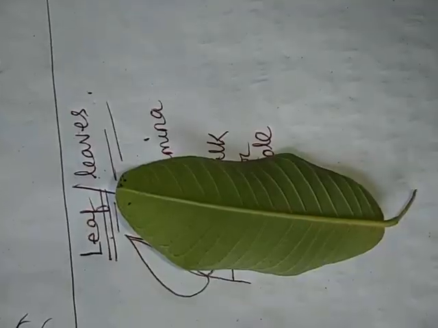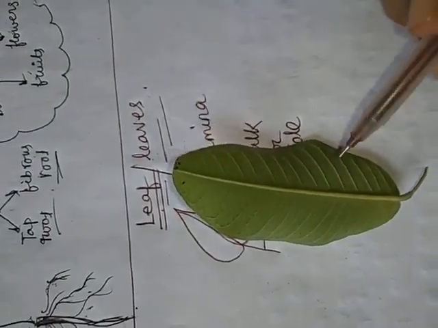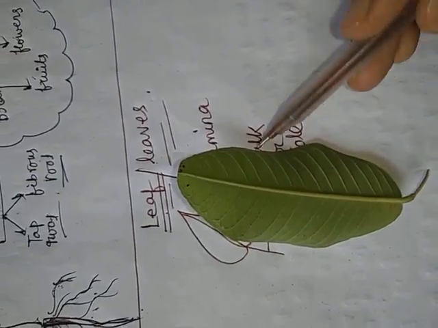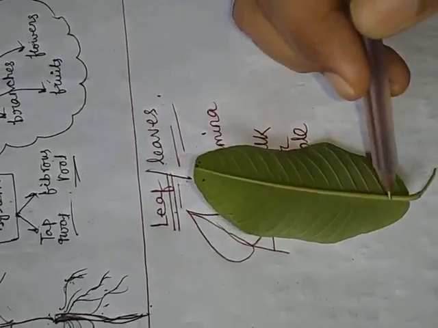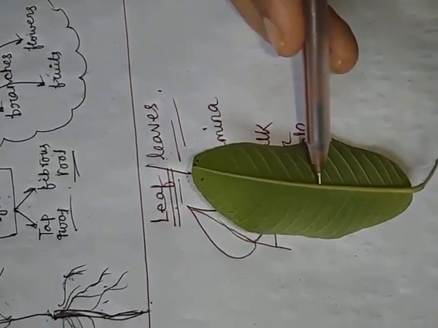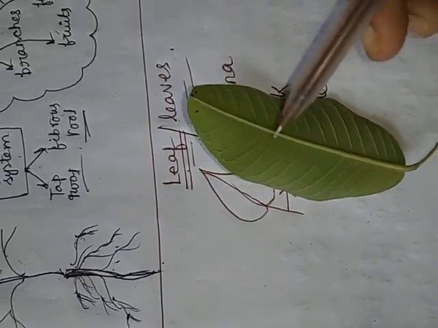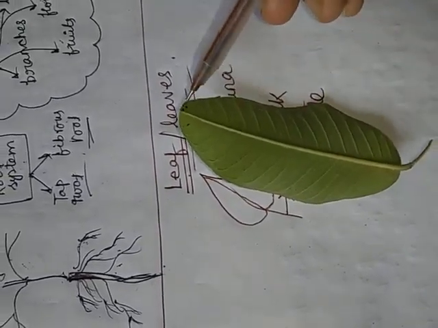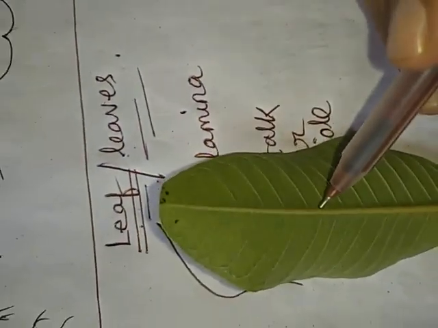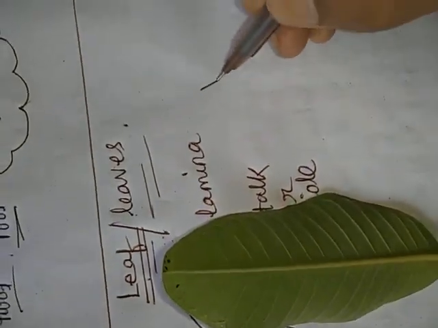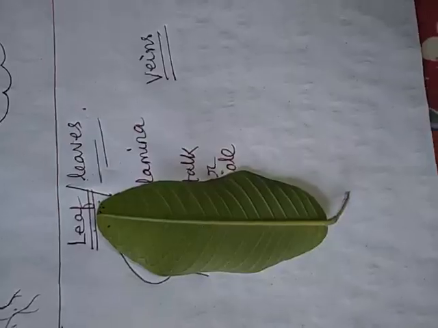Now you see that these are also some parts arranged in this way parallelly, and this is a middle part. Actually these are the xylem and phloem tubes which are clearly seen. See, this one is the main and these are the branches. These are called veins.